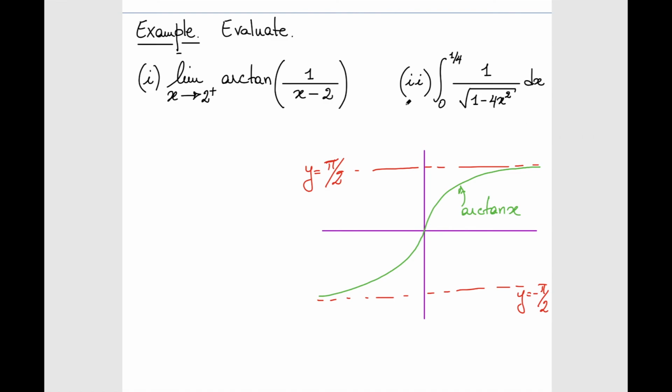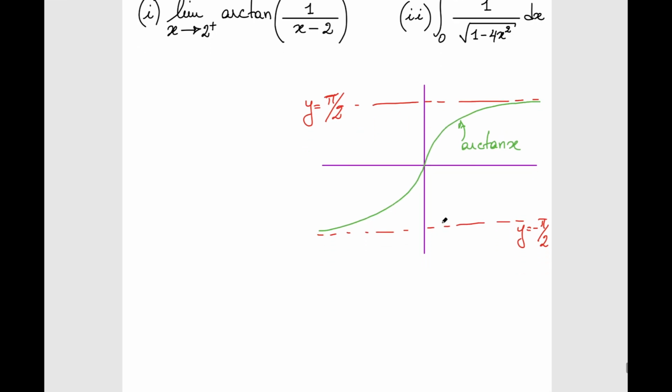Okay, so for part 1, based on this picture, let's derive some conclusions. What can we say about the limit as x goes to minus infinity of arctan of x? When x goes to minus infinity, the function is going to minus pi over 2, right?